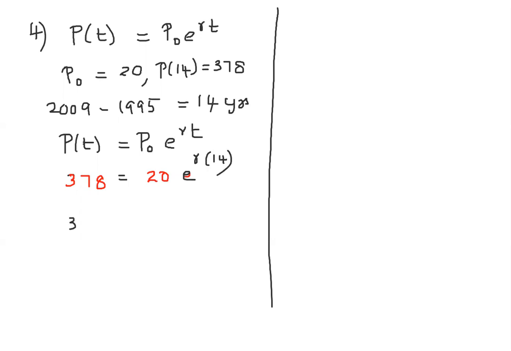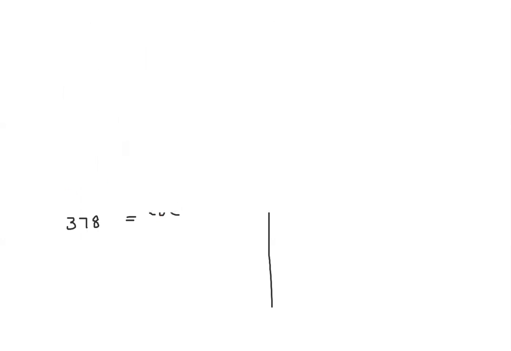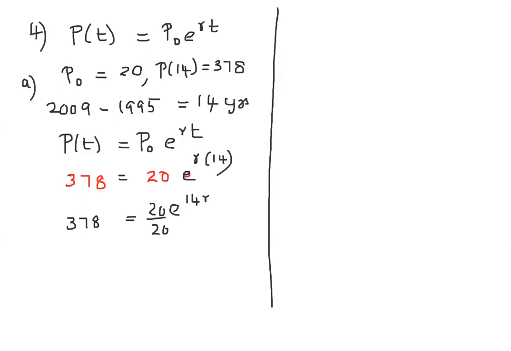So divide both sides by 20, and we get 18.9. And take ln on both sides.